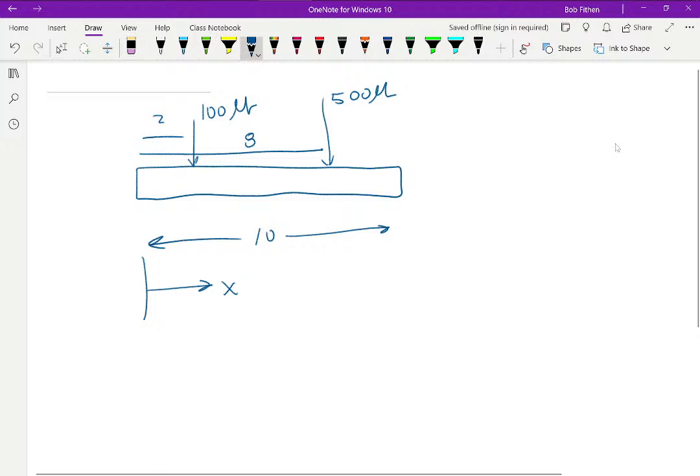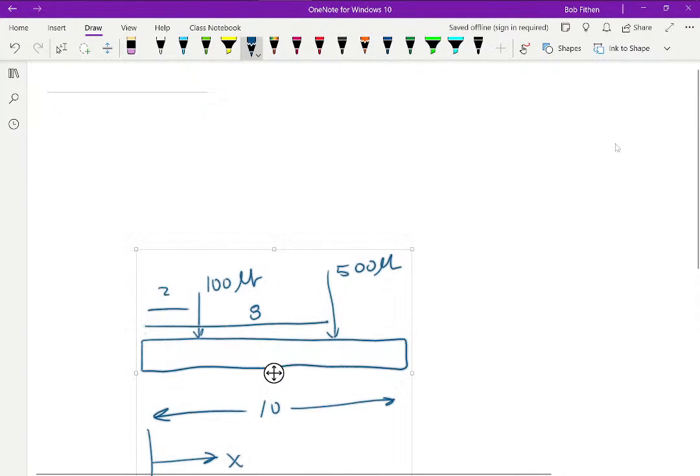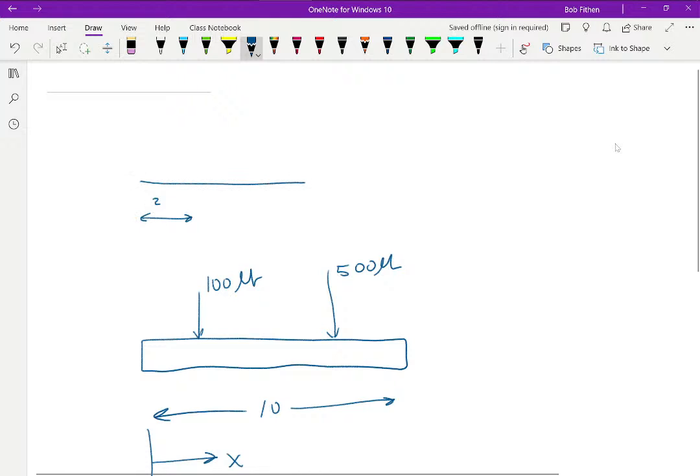Since I'm going to do several things here, I'm going to say this is 2, this is 8. Then I'm going to put a distributed load here of 50 pounds per foot.